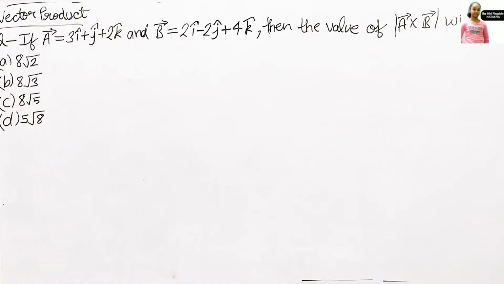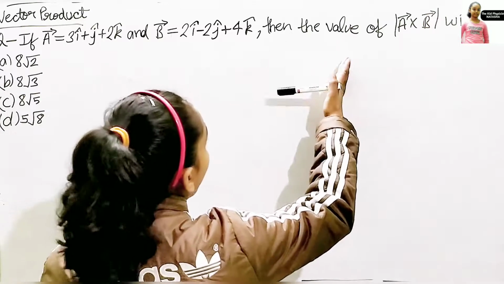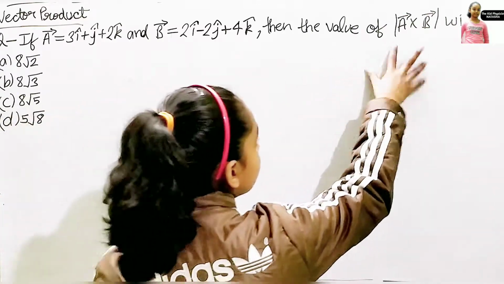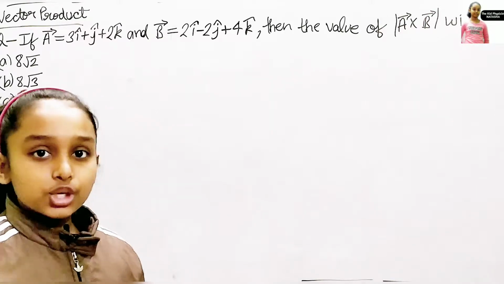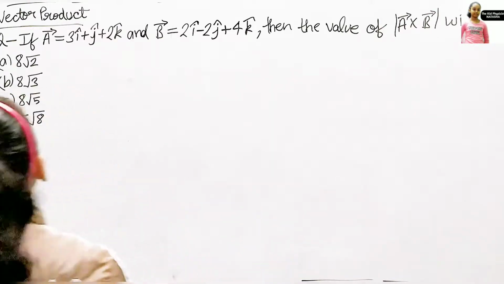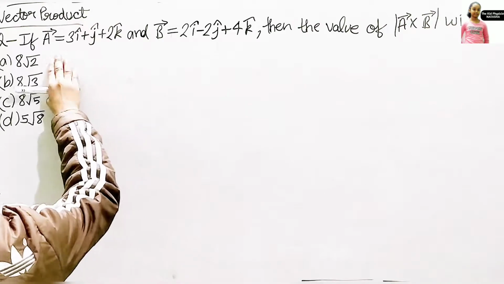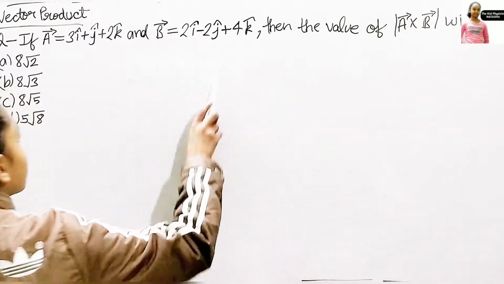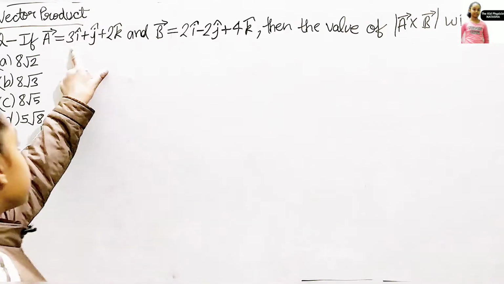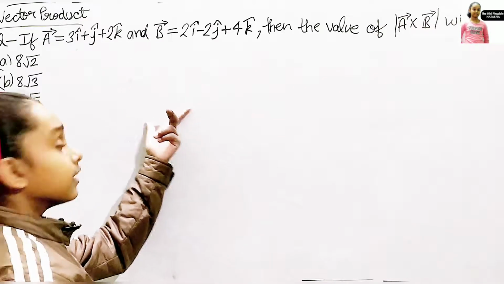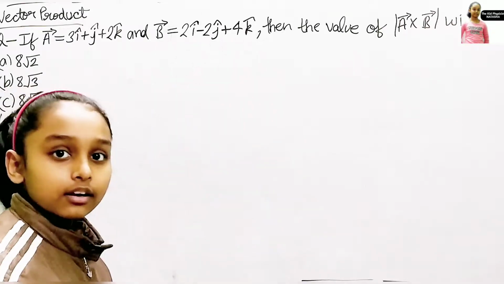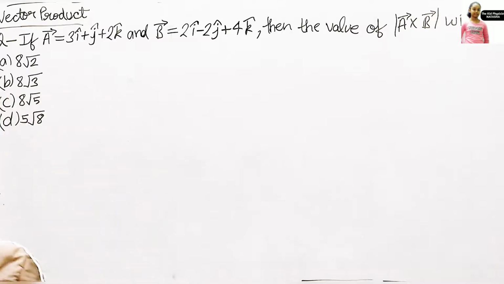In this question we have to find the value of A cross B, meaning we have to find the cross product of these two vectors. The values of vector A and vector B are given to us, and remember that these are in Cartesian form, and their values are also vectors.